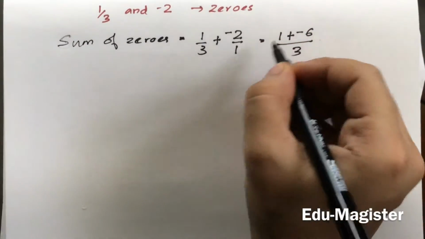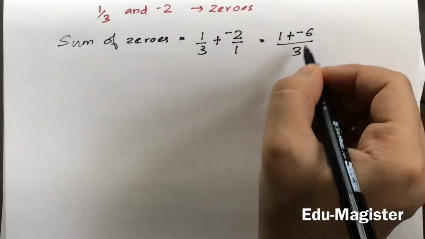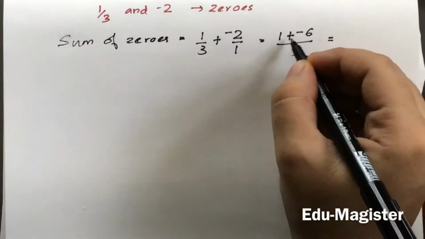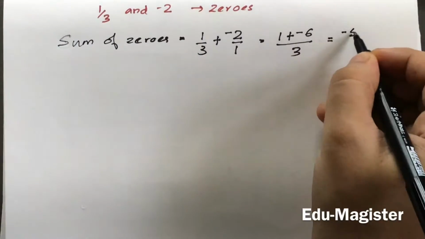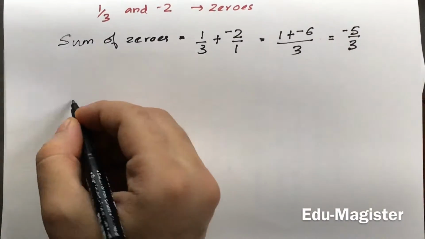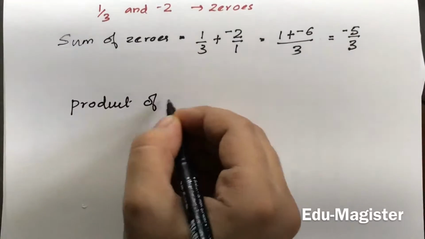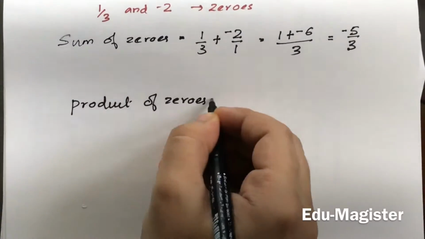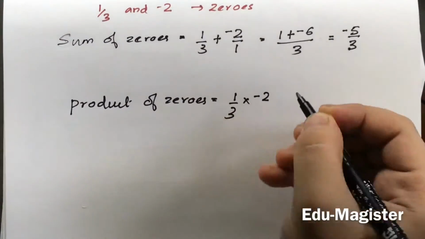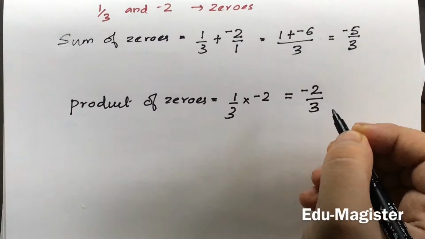How? 1 into 1, 1 plus minus 2 into 3 is minus 6 by 3. 3 into 1, 3, which is equal to 1 minus 6 is minus 5 by 3. And what is the product of zeros? That is 1 by 3 into minus 2, which is equal to minus 2 by 3.